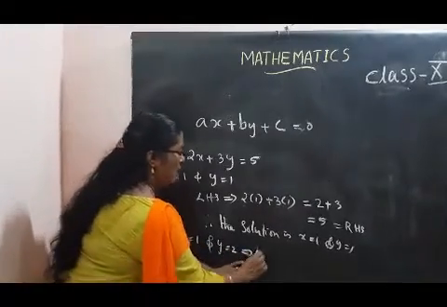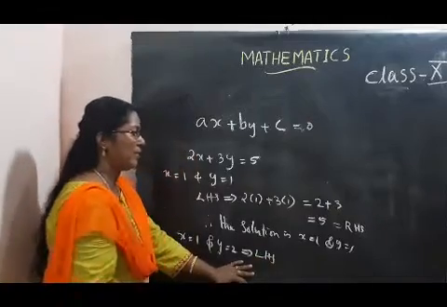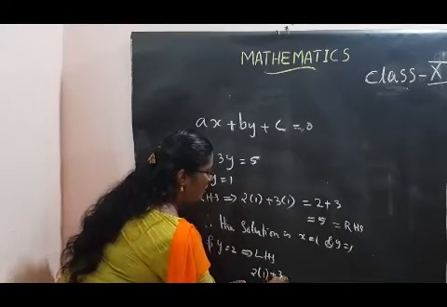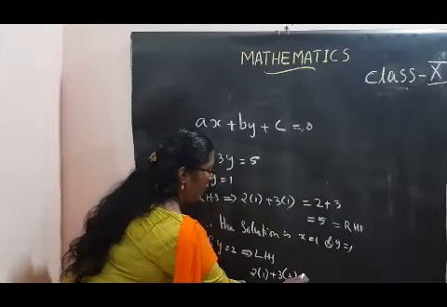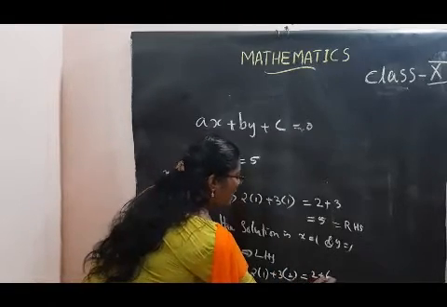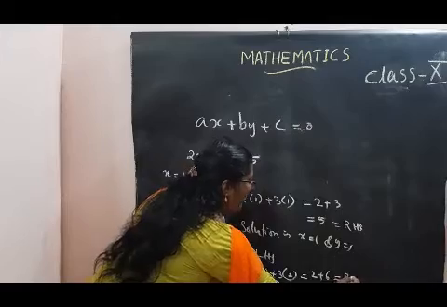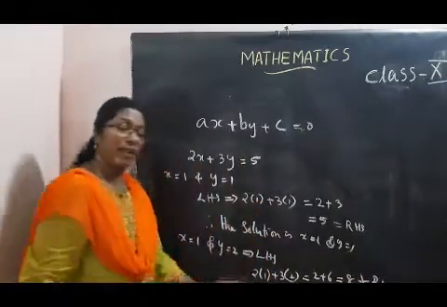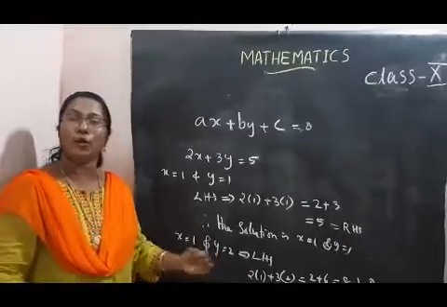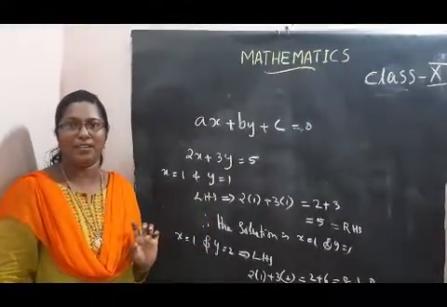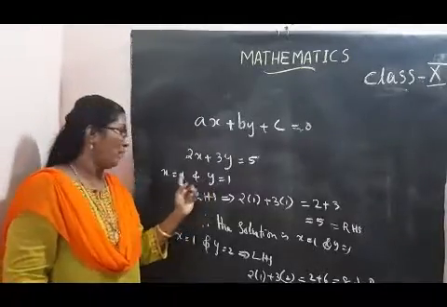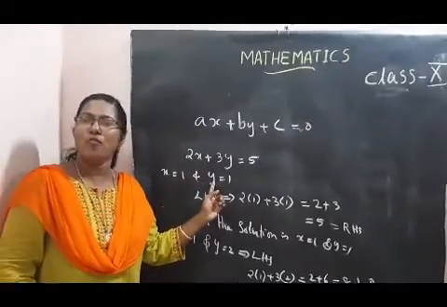What about the LHS? 2 into 1 plus 3 into 2, that is equal 2 plus 6 equal 8. That is not equal to RHS. Therefore, 1 and 2 is not a solution of this equation. The solution of the equation is this: x equal 1 and y equal 1.